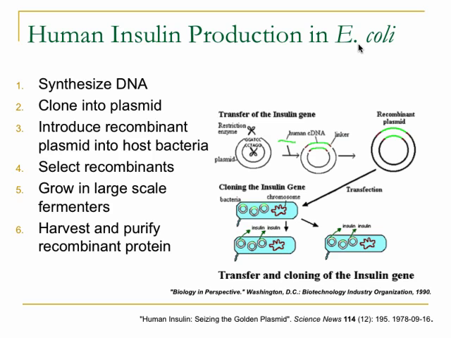Okay, the vector is just the carrier for this foreign DNA. In this case, it was a bacterial plasmid from E. coli. Also cut with EcoR1. Then you recombine it.